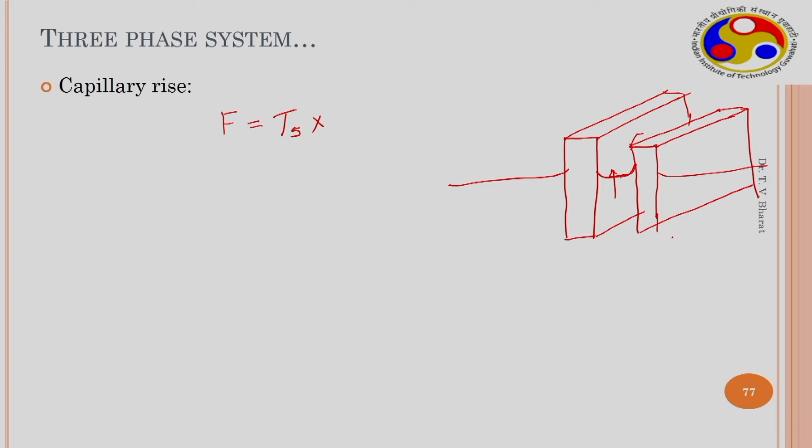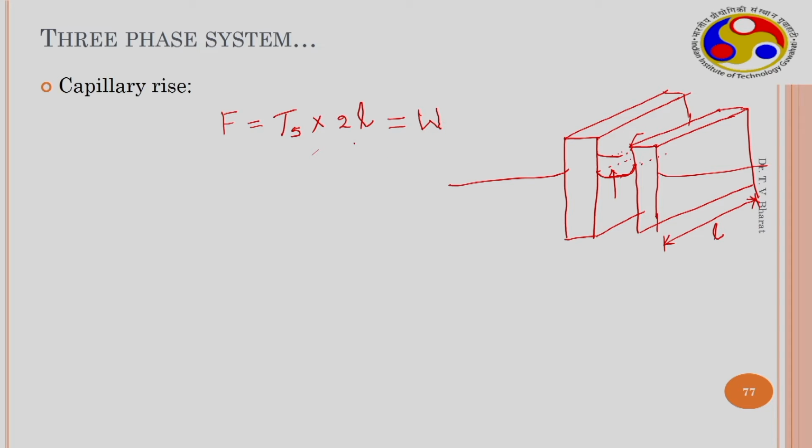If you consider the length of the particle as small l, the water can interact with the surfaces at two interfaces along L, so L plus L, 2L. So this is the total force due to surface tension, which should be balanced by the weight of the column when it rises.